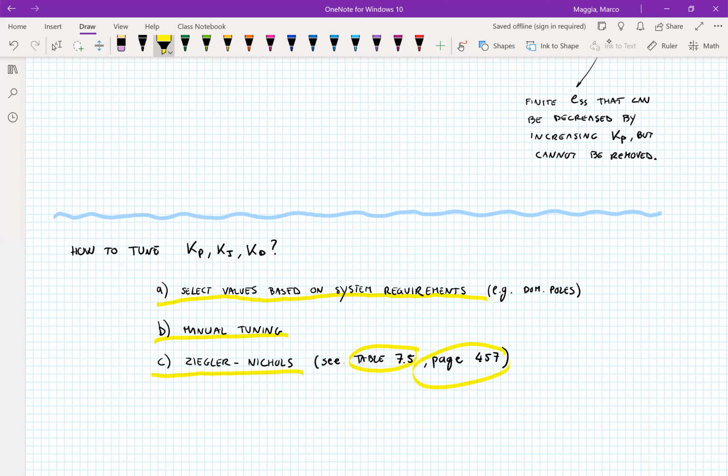I just want you to know that these are the three main ways of picking the control parameters. It's more interesting, the first one, in my opinion, because you can relate actual requirements to the position of the dominant poles on the S-plane, and then you can link that to the coefficients themselves.